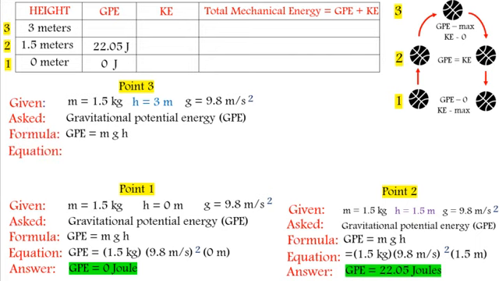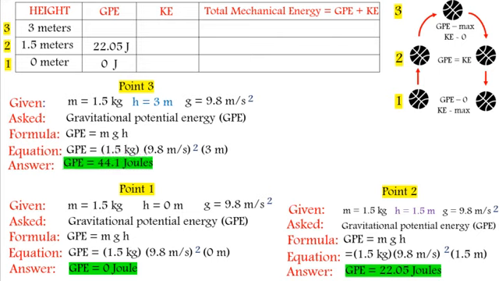And in doing so, we can now substitute the values. So the mass here is 1.5, the gravity is 9.8 meters per second squared, and the height at point 3 is equal to 3 meters. So just multiply the three quantities, and you will get 44.1 joules. So meaning to say, at point 3, the GPE is equal to 44.1 joules.